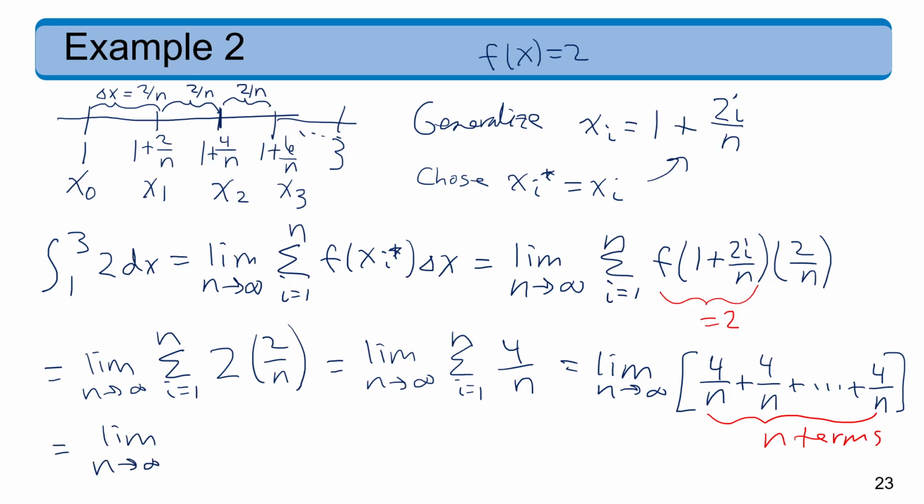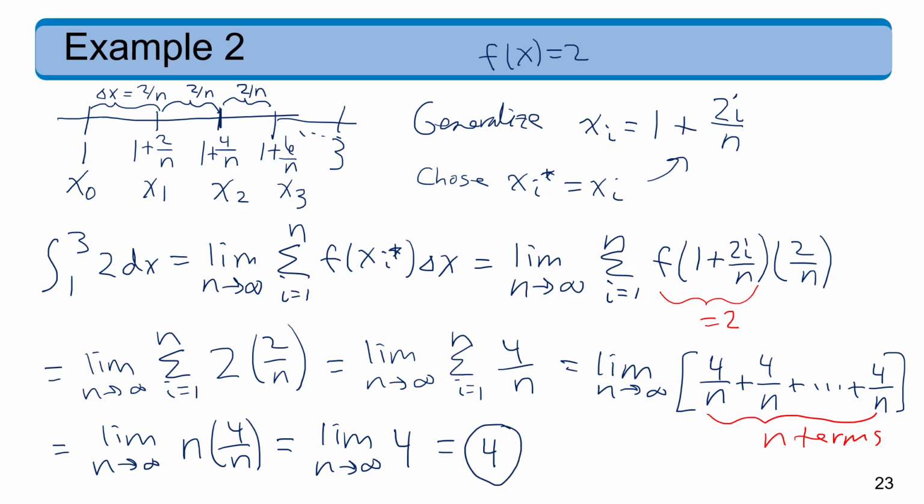What we decided is we have 4 over n added to itself n times means multiply by n. Notice the n's cancel. So we're left with just 4. Now we can use our limit taking skills from earlier. This is a very simple limit, right? Limit of a constant is just that constant.